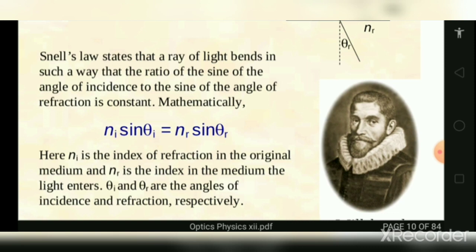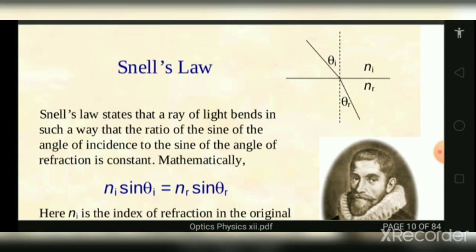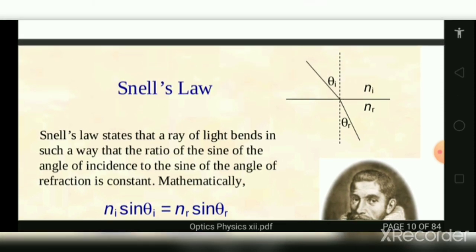So the ray of light going from a denser medium to a rarer medium bends away from the normal, and vice versa.